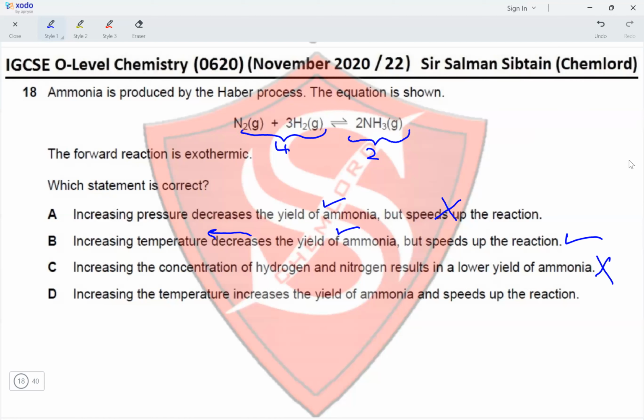The temperature when increased will favor the backward reaction, so the yield of ammonia would not increase, it would decrease. However, the rate of reaction would be speeded up by increasing the temperature. So half of this statement is correct. Therefore, the correct option for this question is option B.